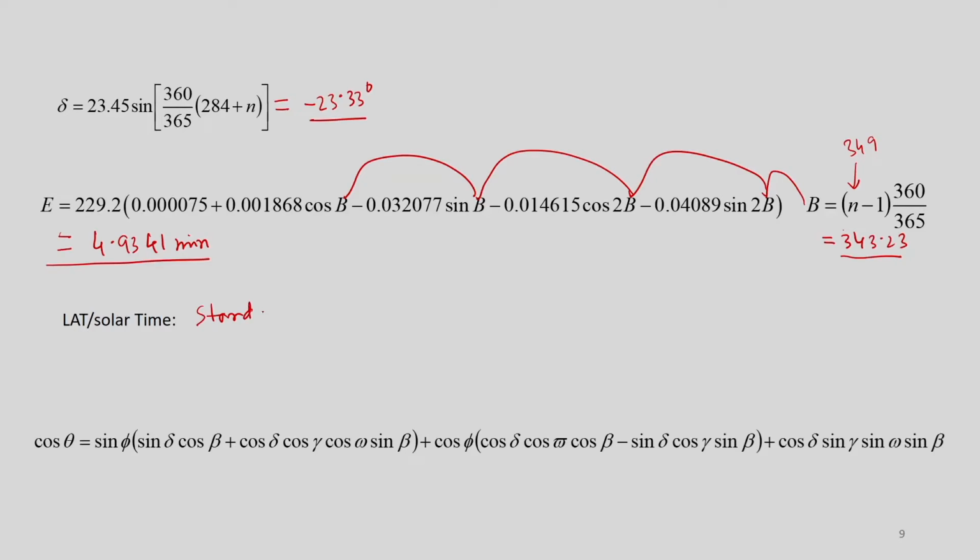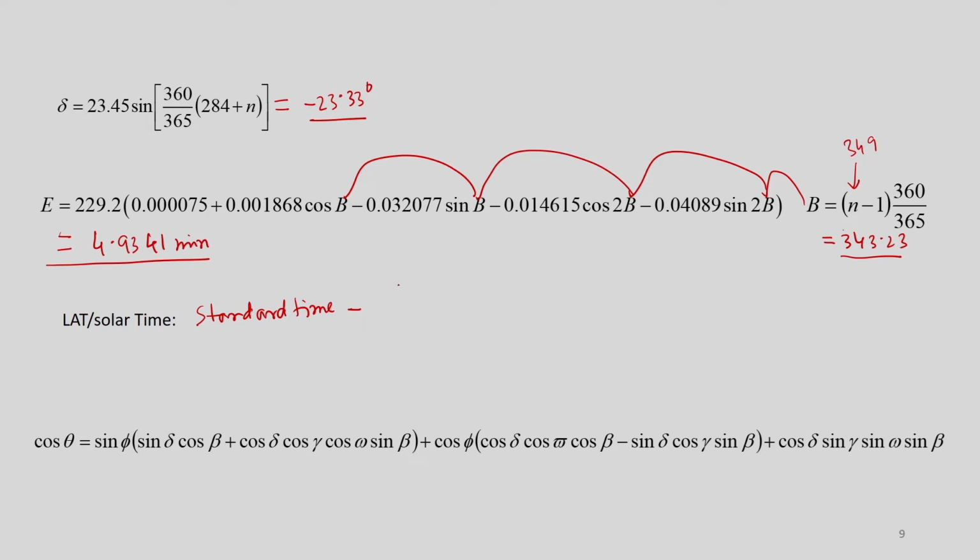And now we will calculate the solar time. Already you know solar time is standard time. We need to use a minus sign here, because the place we have considered is Mumbai, and Mumbai is located in the eastern hemisphere.